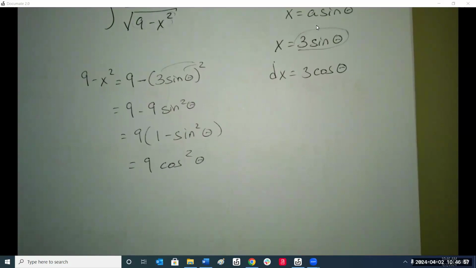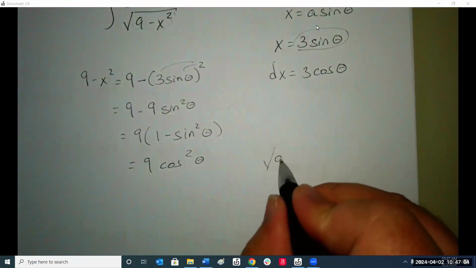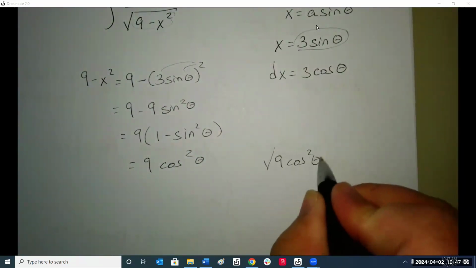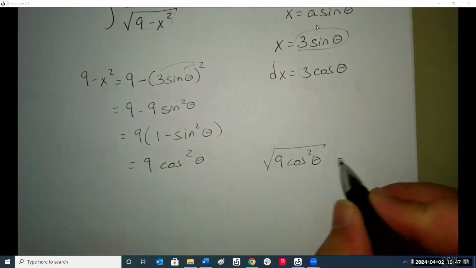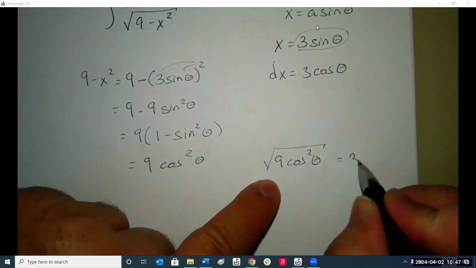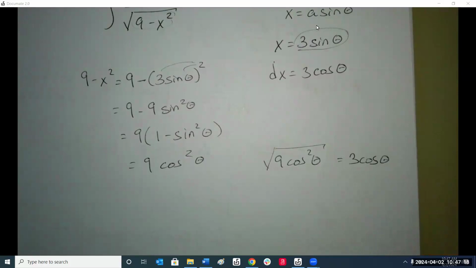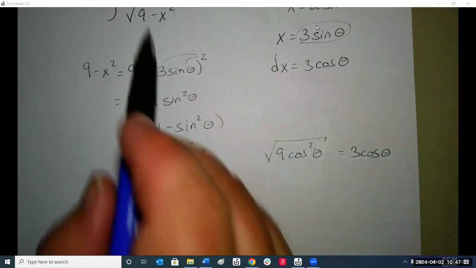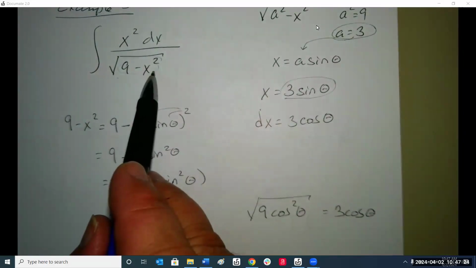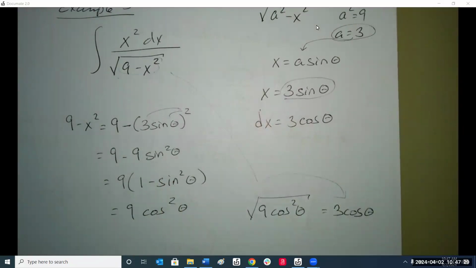Again, the reason we do this whole part is because now when we plug it back into the radical, the square root of 9 is 3, and the square root of cosine squared is cosine. So this whole denominator becomes that.